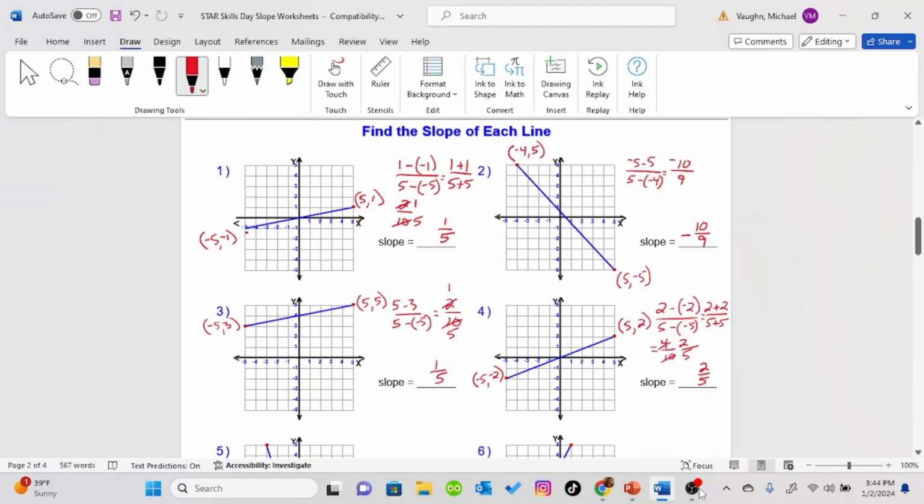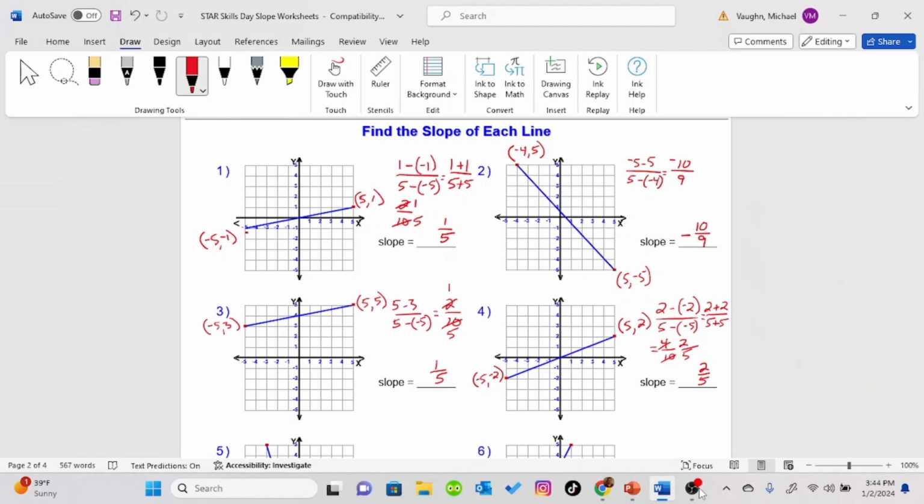Here we can see that for number 2, I used the points -4, 5, and 5, -5, and I found a slope of -10 over 9. For number 3, I used the beginning point -5, 3, and the end point 5, 5, and I found a slope of 1 over 5.